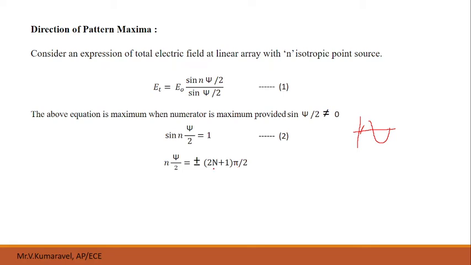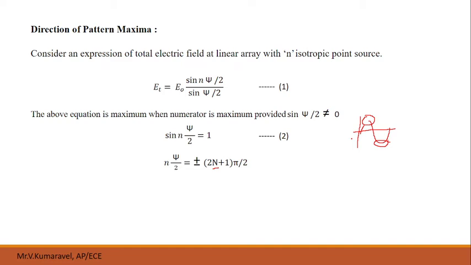When capital N equal to 0, this becomes pi by 2, the first maxima. When N equal to 1, it will be 3 pi by 2. Then N equal to 3 means we will have 7 pi by 2, and so on.